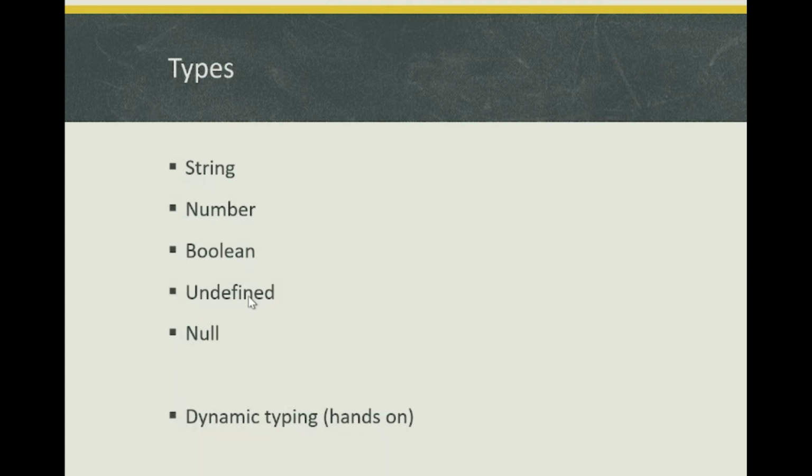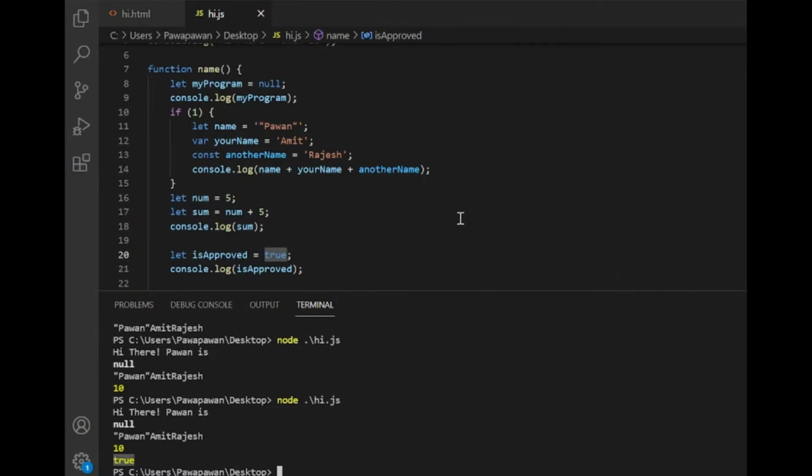We have already talked about undefined and null, so we'll skip it here and we'll directly go to dynamic typing. Dynamic typing means we can change the type of the value inside the variable. Suppose here we have assigned num as 5.